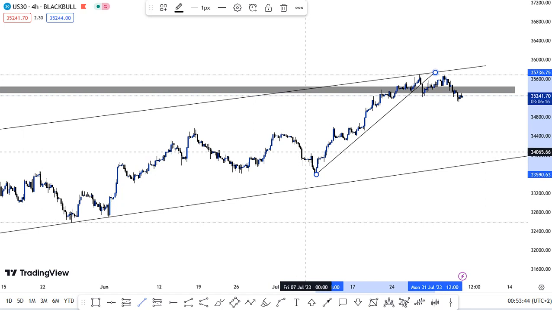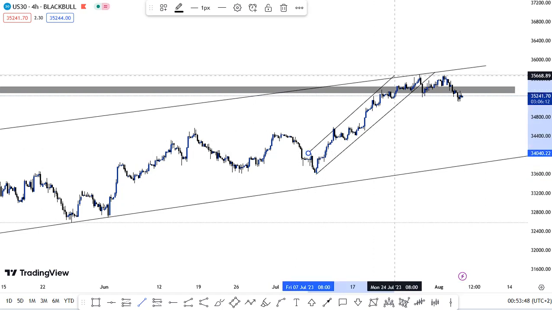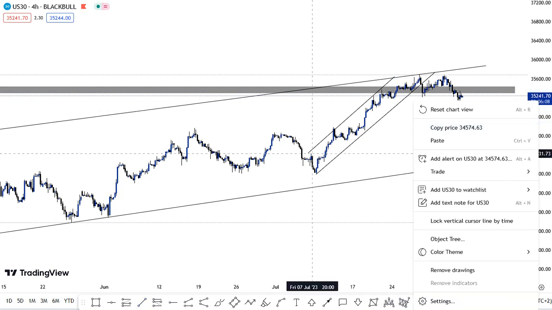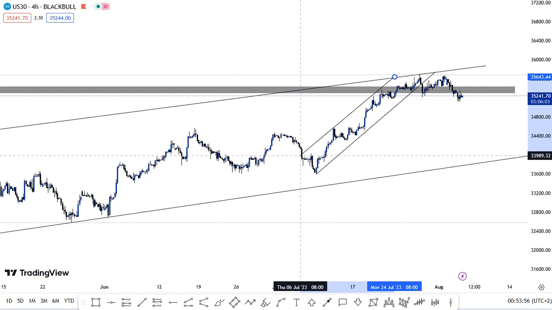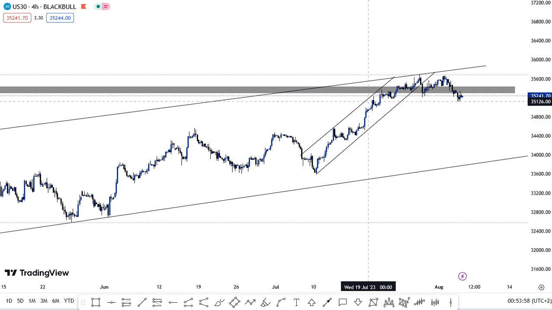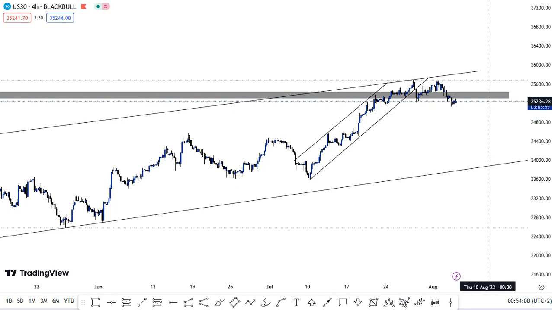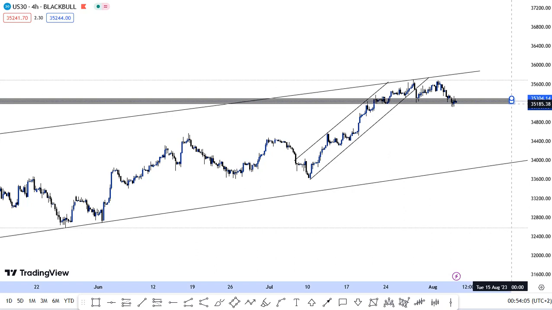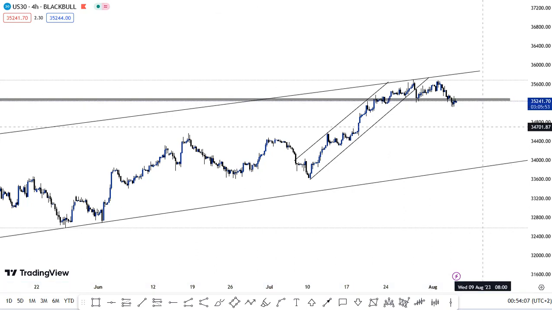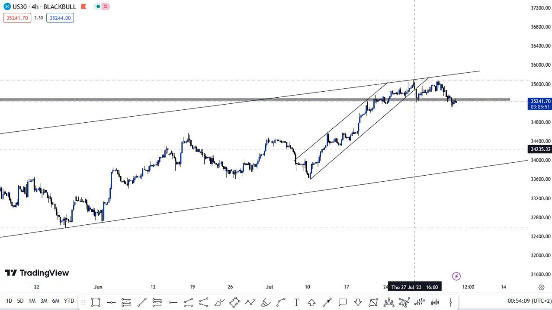This is my major key. So remember, once a trend line gets broken, bro, you have to go to the place where the trend line started. So this is what we have now on US30.